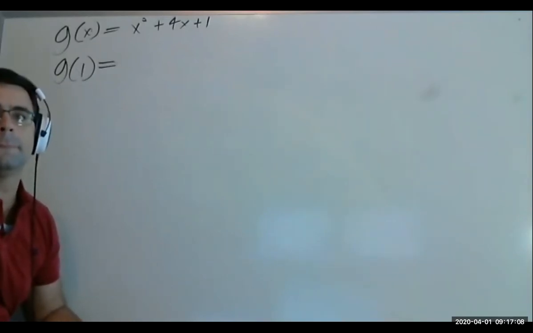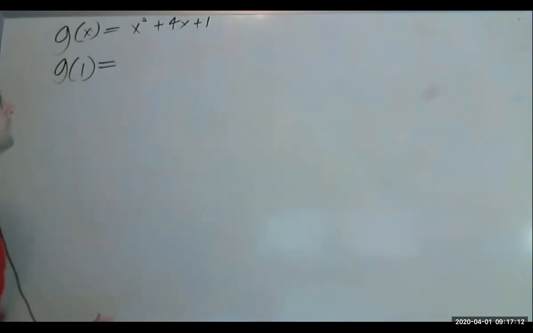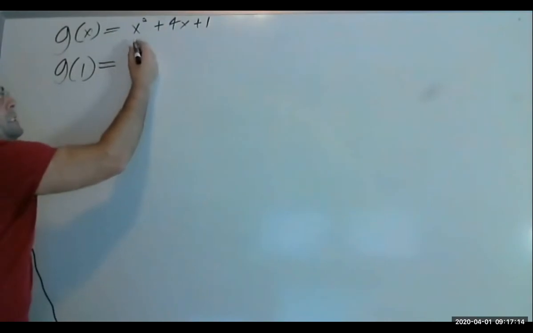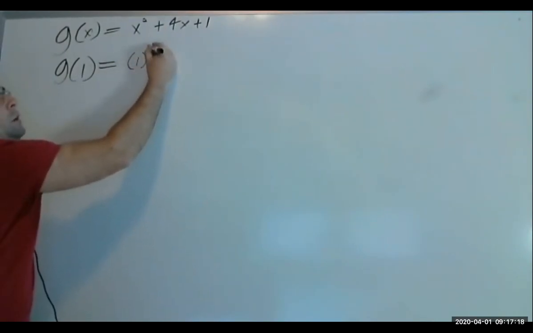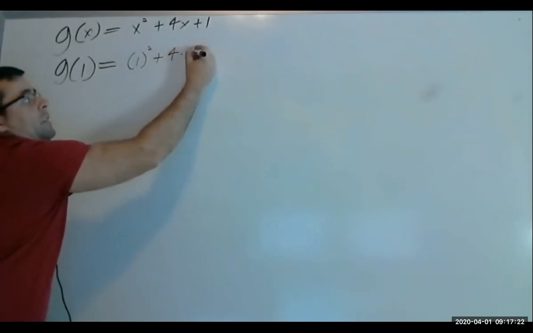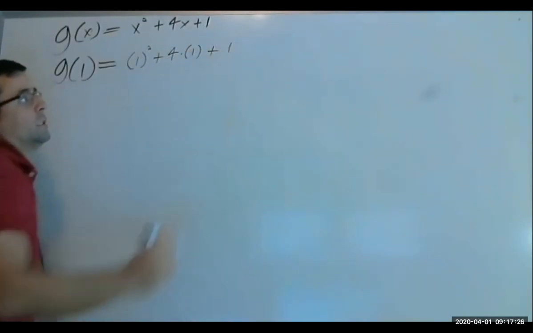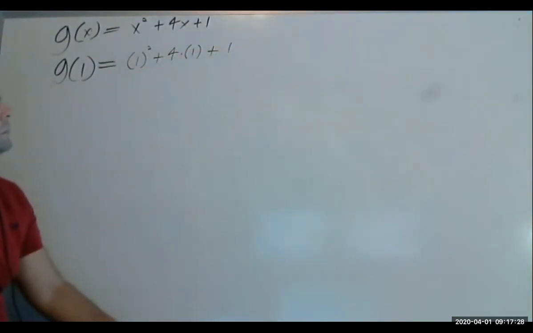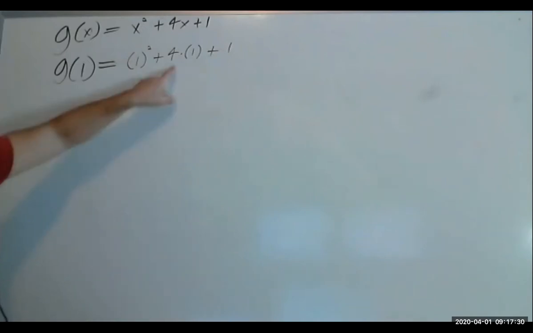Wouldn't all the x goes to 1, meaning everything's like times 1? Yeah, you just replace all of the x's with a 1. So you have 1 squared plus 4 times 1 plus 1. So what is 4 times 1?